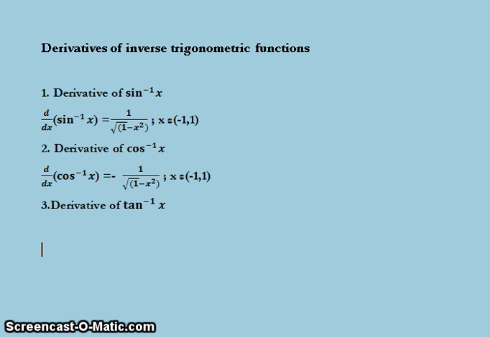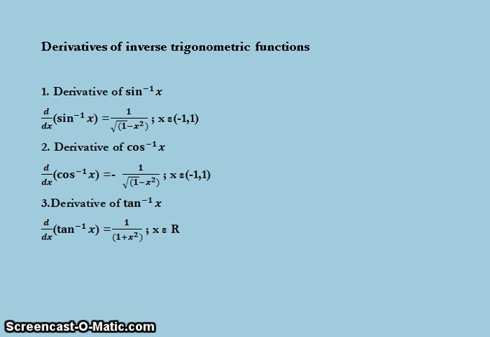Next we have the derivative of tan inverse x for all x belonging to R. The differentiation of tan inverse x is denoted as d by dx of tan inverse x, and its value is equal to 1 divided by 1 plus x square for x belonging to R.